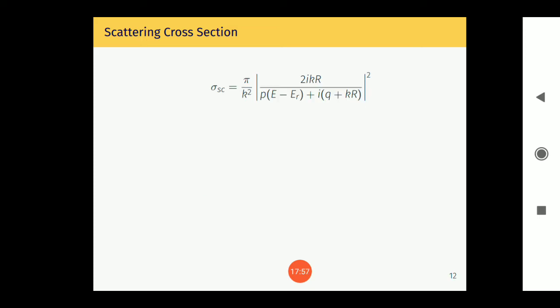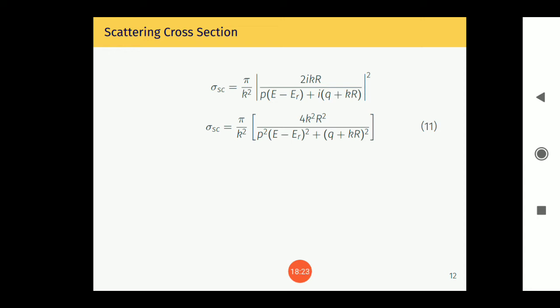So in that case, this expression becomes like that. Note that in this expression, the numerator is imaginary and the denominator also has an imaginary value, but it is a modulus square. Squaring those, one can remove the imaginary part. So this scattering cross section will now be purely real.